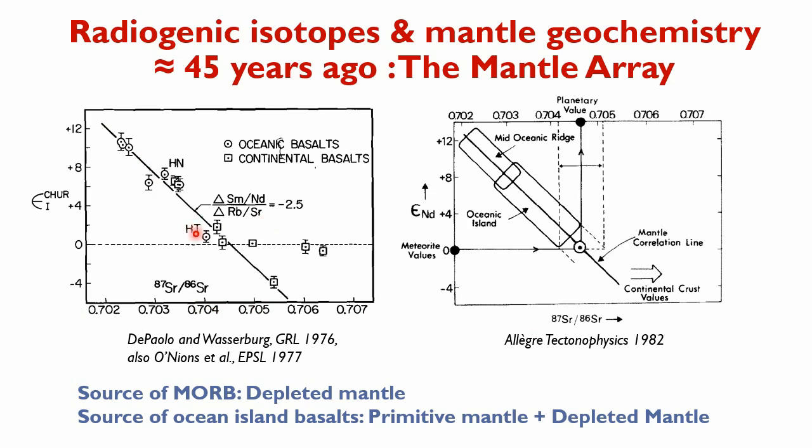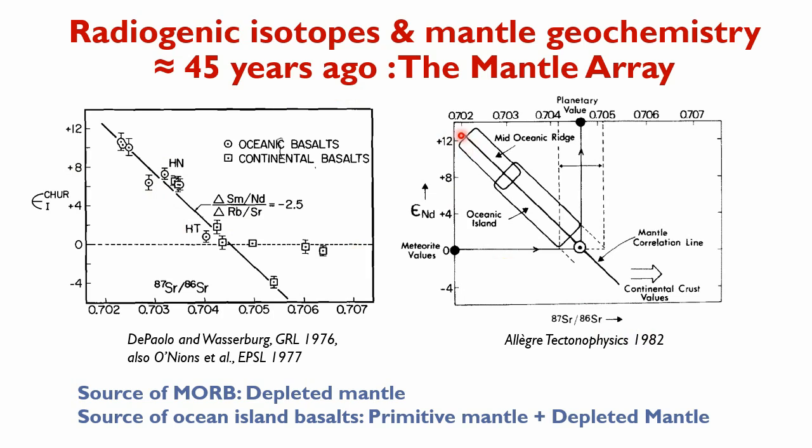For some miraculous reason, they define a beautiful straight line, a beautiful correlation, and this correlation has been called the mantle array. I think we still talk about the mantle array, and it was defined this way in the late 70s.